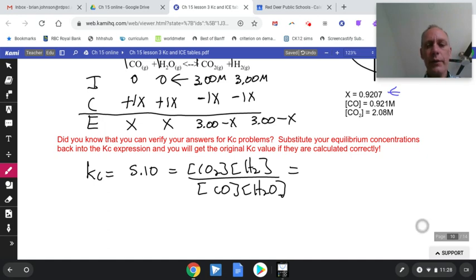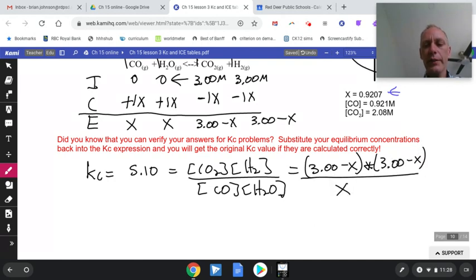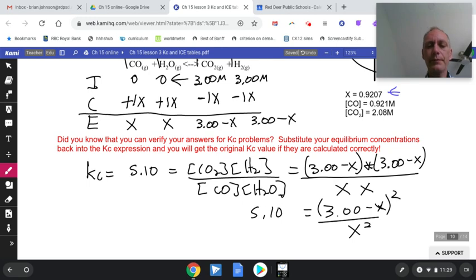And that is (3.00 minus X) times, let's put it in brackets, (3.00 minus X) over X times X. If I want to shorten that, (3.00 minus X) squared over X squared. Okay. And that whole thing is 5.10.